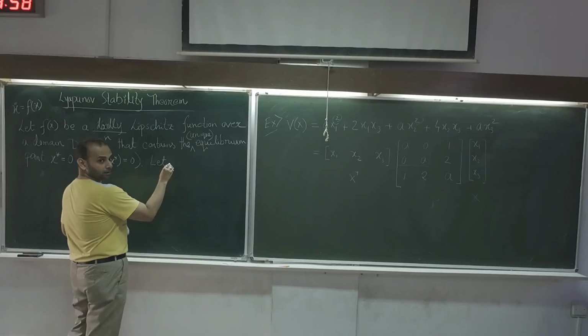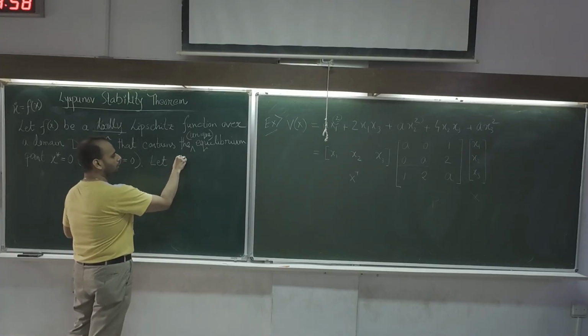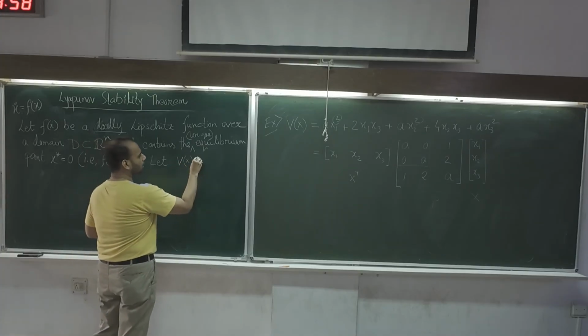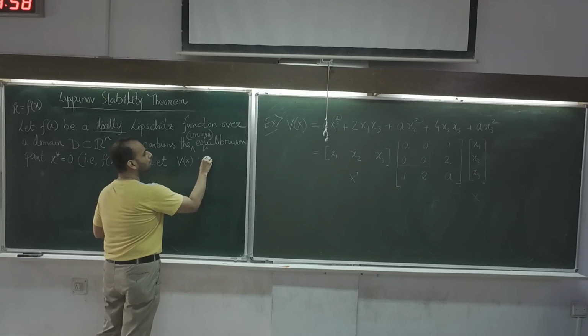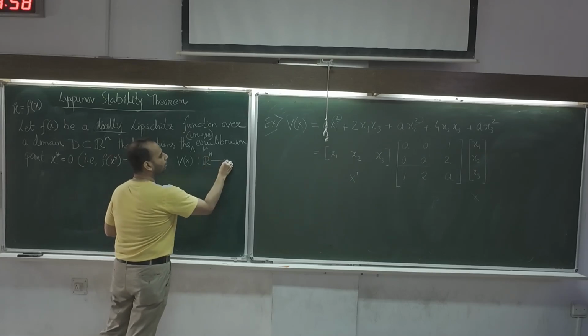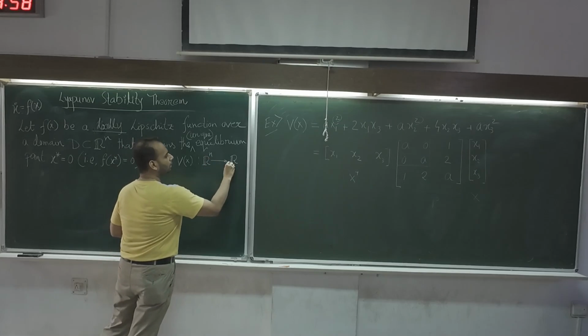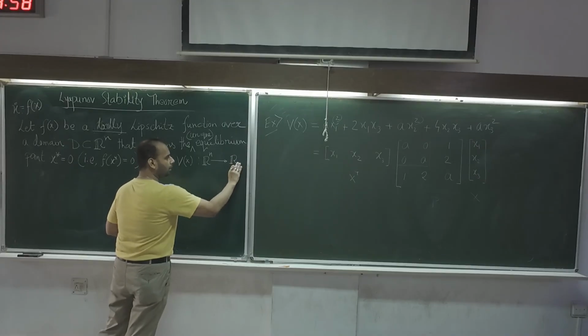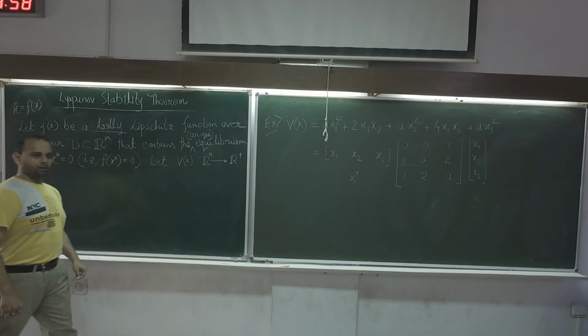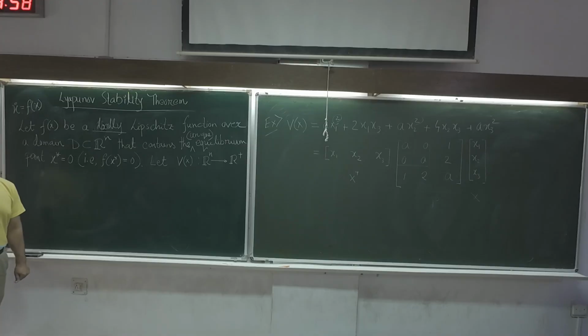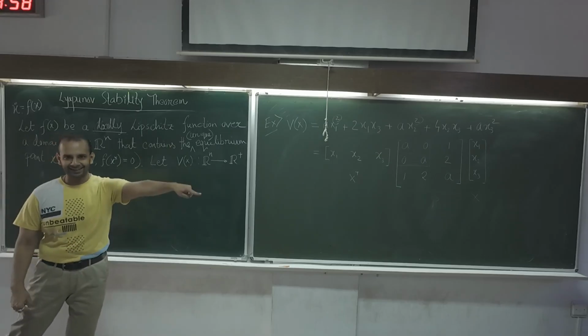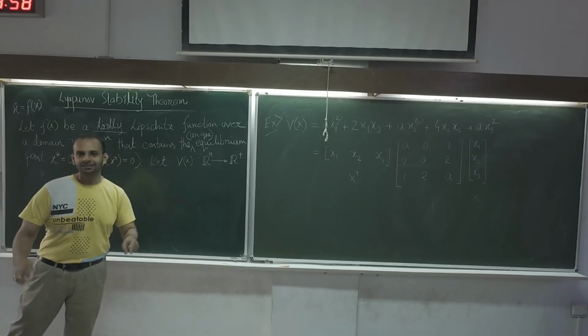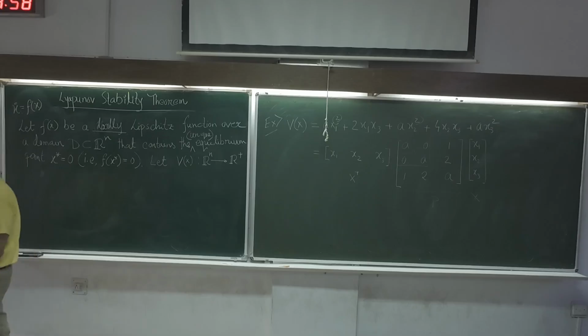Let V be a function of x, and it maps x belonging to R n, so its domain is R n, and it's a scalar function, and its range is the positive half of the real line.